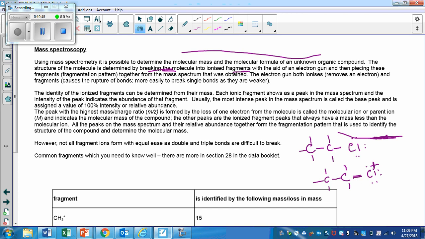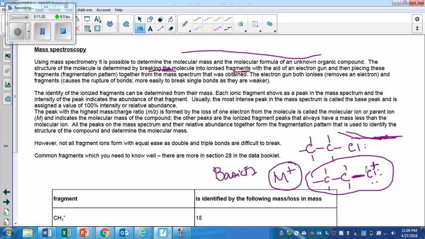The whole molecule as is will be M positive, a molecule with a positive ion. This M positive will give us the basic peak on the spectrum. Keep it in mind. This was our original molecule. We ionized it by taking one electron off. It has a positive charge. So this is M positive.